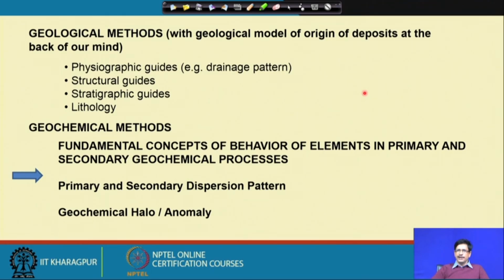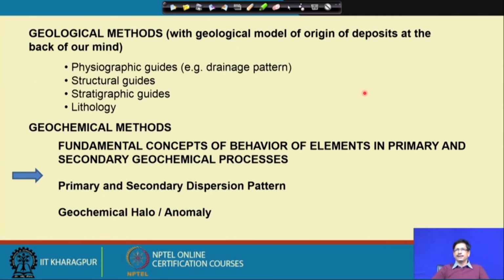And then, if that primary process has been able to give rise to an ore body, with enrichment of a particular metal to a higher commercial or economic value, and that ore body exists in the crust, it is subjected to secondary processes of weathering, alteration, and interaction with its environment, with the formation of soils and so many things.